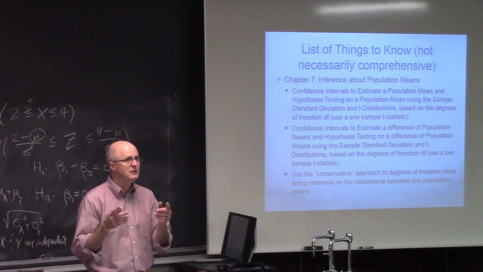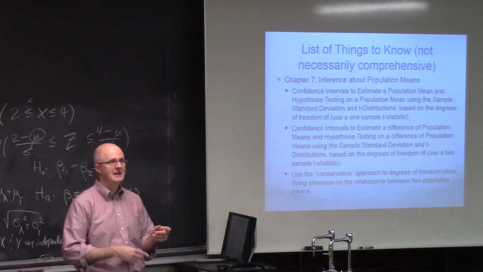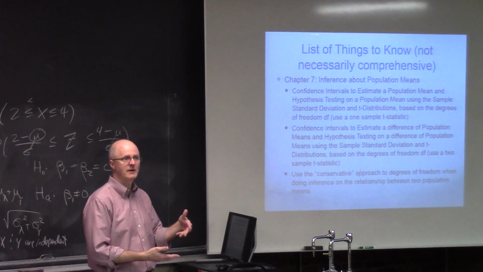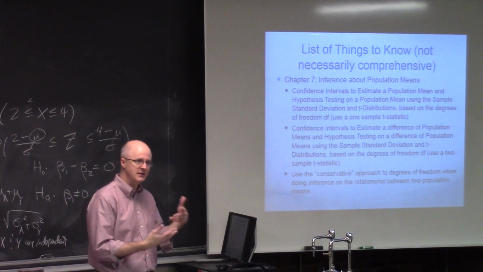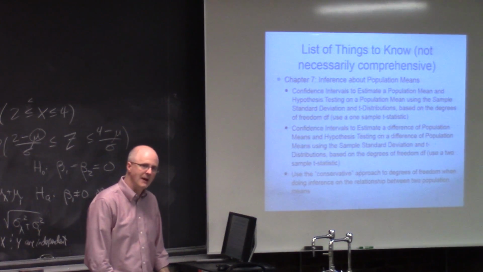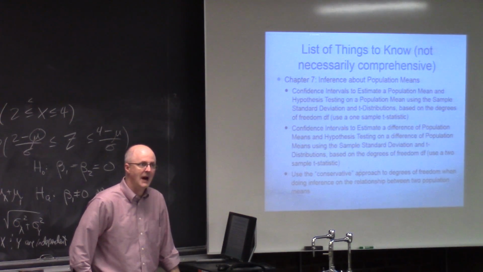It's only relevant if you use S for means, or in Chapter 10, when we're doing T stuff with regression, then use degrees of freedom too. Do not use degrees of freedom if you know sigma, Chapter 6. Also, do not use degrees of freedom for proportions, Chapter 8.